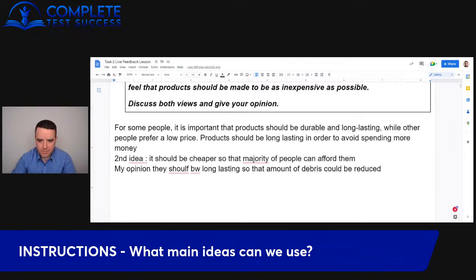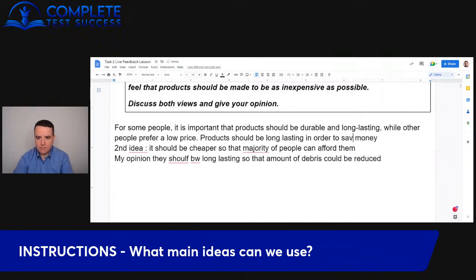I'm struggling with this one. How can I put that together in a way that sounds easy to understand? Because what we're always aiming for is that the reader can easily understand what we're talking about, and I'm just struggling. My brain isn't operating at full capacity right now. Products should be long lasting in order to save money in the long term. Okay.